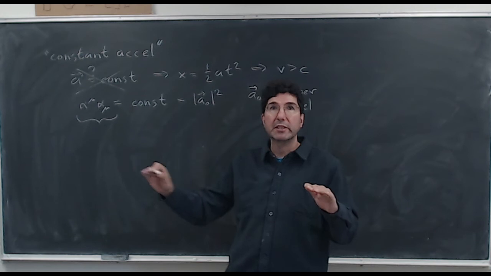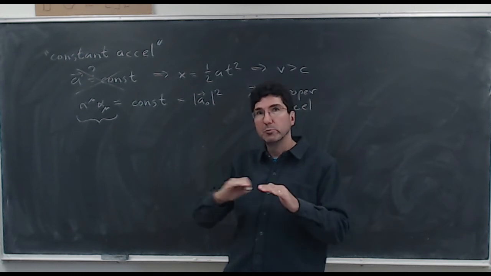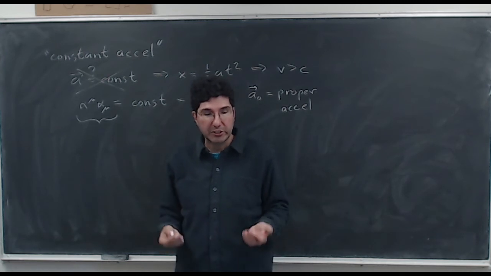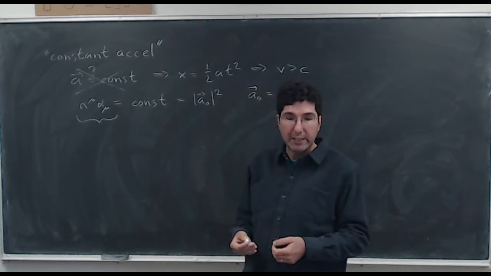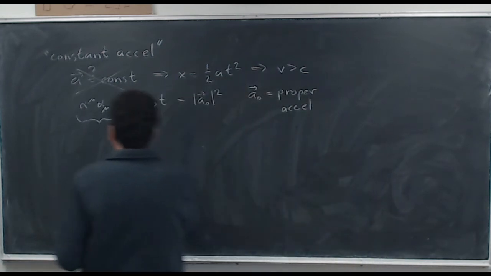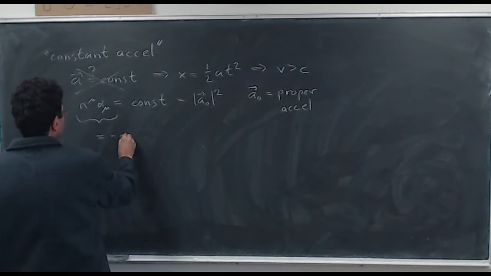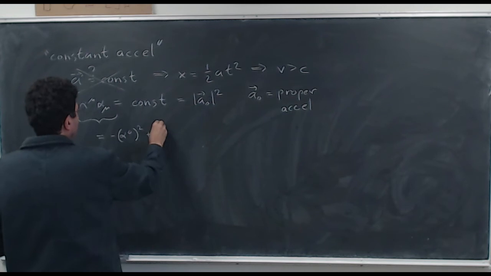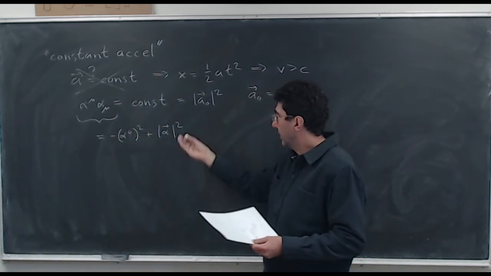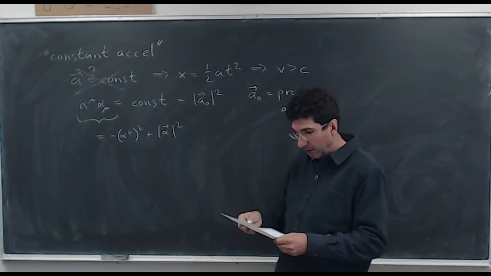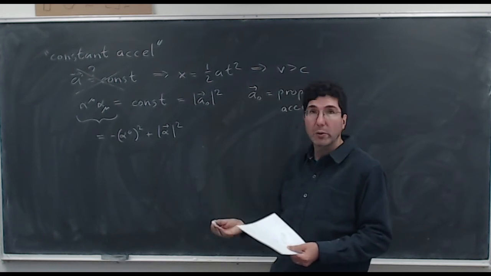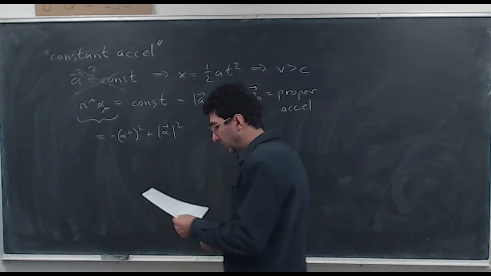The particle is moving along the x-axis, and so the velocity, acceleration, etc., have only x components. So we evaluate this, which is minus alpha 0 squared plus alpha vector squared. We gave expressions for that just now, and we now plug in where everything is going in the same direction and do a little bit of simplification.